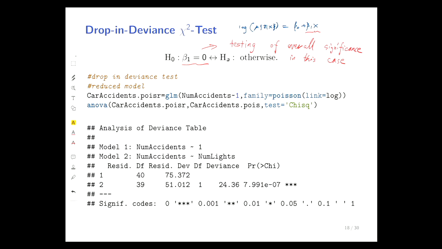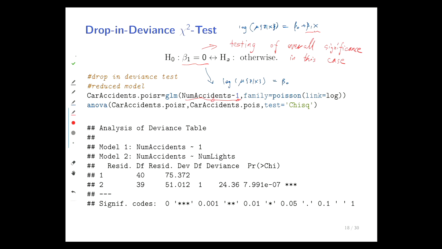Here the reduced model is the model with the intercept only, because when beta 1 equals 0, the model is reduced to log mu given x equals beta 0, which is the model with the intercept only. What you need to do here is just to input the response variable and the explanatory variable, which is the intercept, and then fit the model and obtain the reduced model.